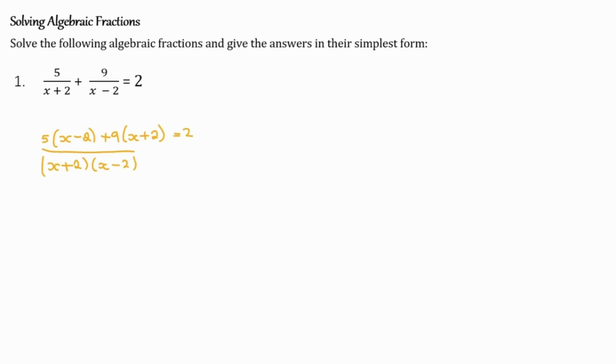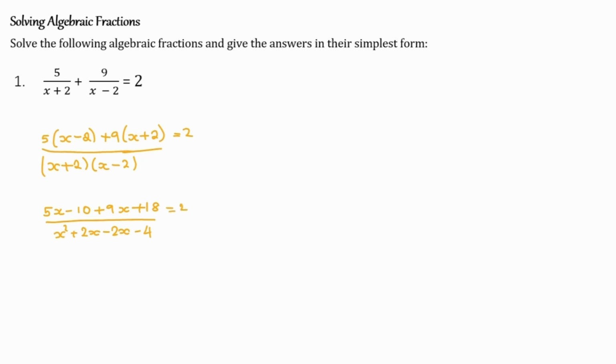If we now expand the brackets both in the numerator and denominator, in the numerator we would have 5x minus 10 plus 9x plus 18, and in the denominator we would have x squared plus 2x minus 2x minus 4, and all this is equal to 2.